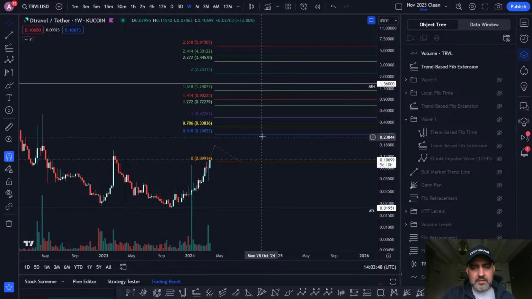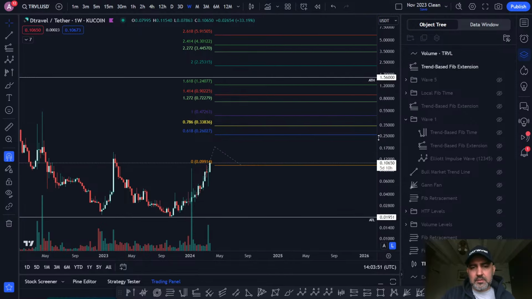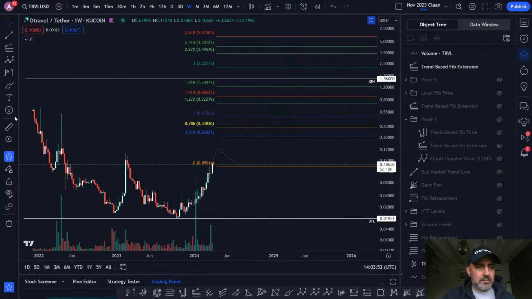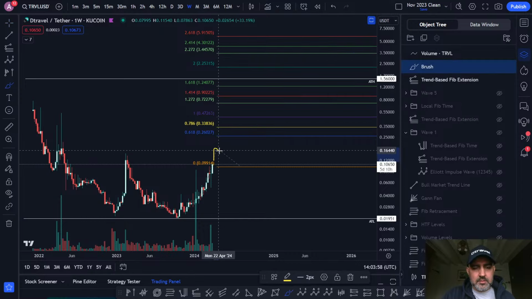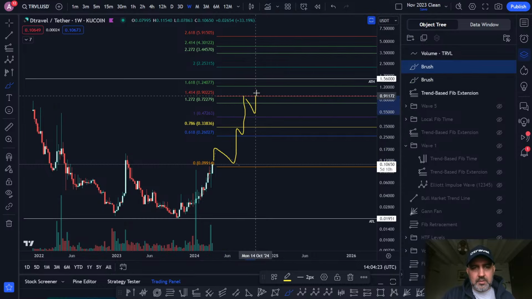resistance there, break, down, 1, 2, 3, maybe go up.